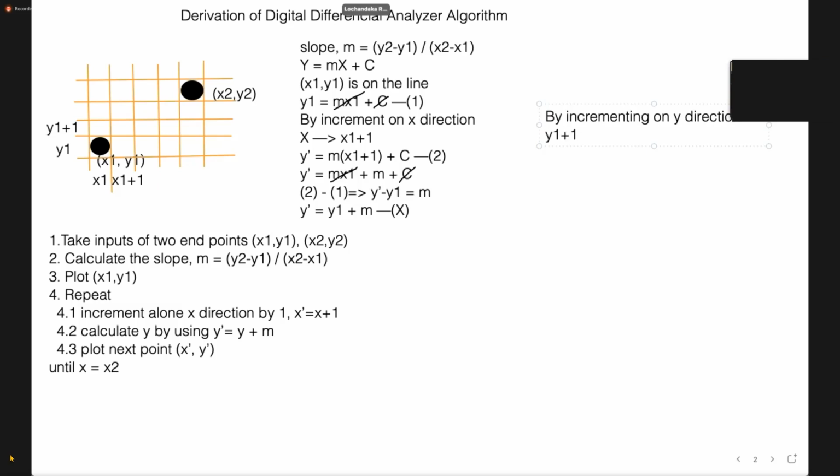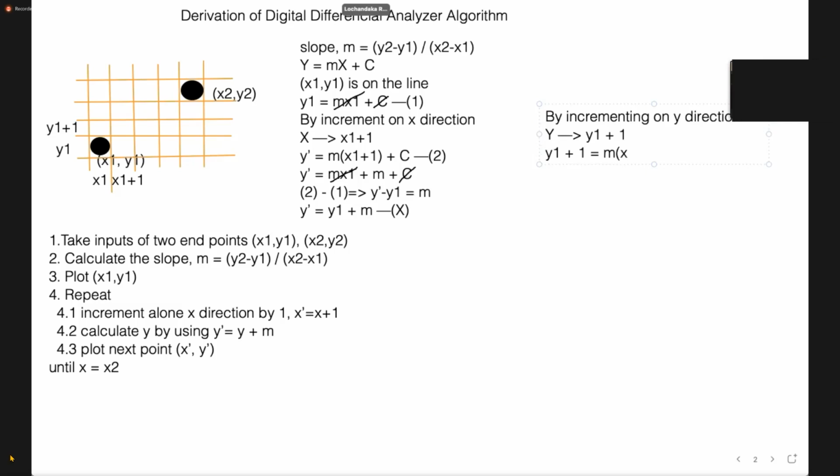We are incrementing on y direction. So y goes to y1 plus 1. Therefore, we say y1 plus 1 equal m x dash.